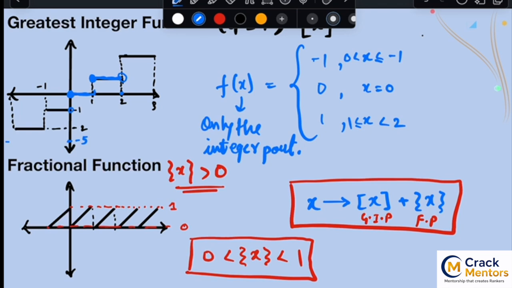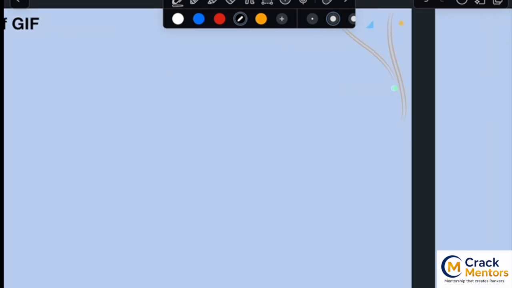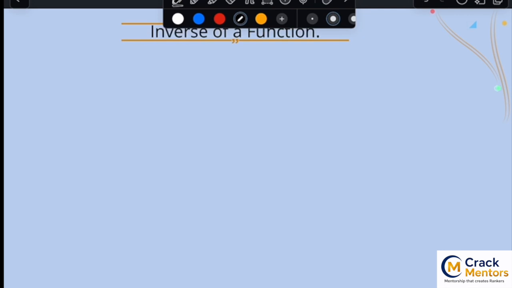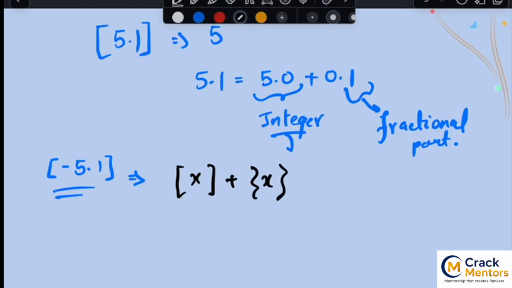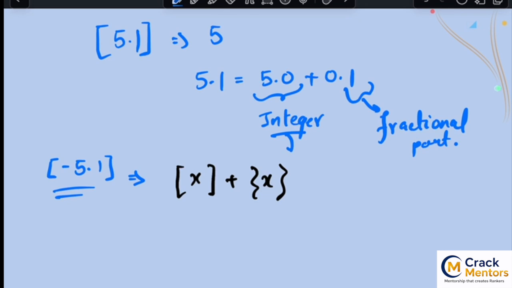Okay, now let's get back to the question. We can break it like minus 5.0 and minus 0.1, or else we can write minus 6 plus 0.9, which is correct.